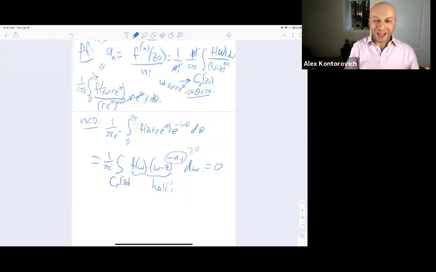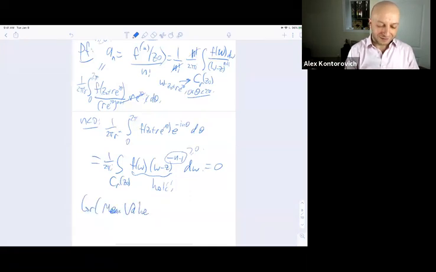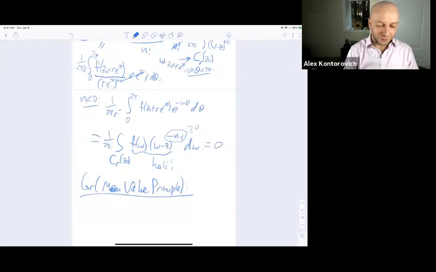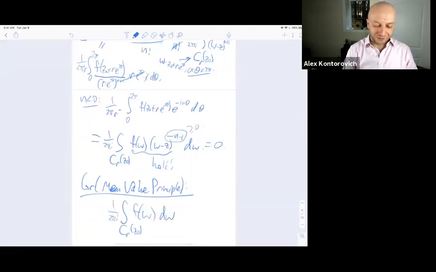But we're seeing that by averaging f, what are we doing? We're averaging f. Let's get an immediate corollary, the mean value theorem. The mean value principle is that if you integrate over a circle of any radius, 1 over 2 pi i, f of w, dw, you get back f of z0.